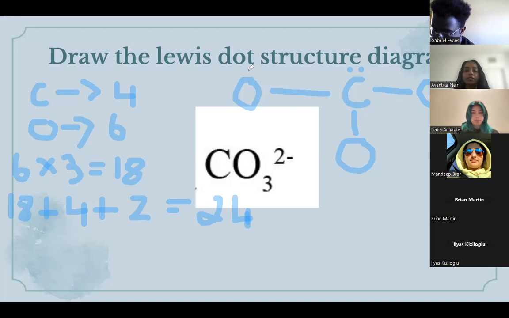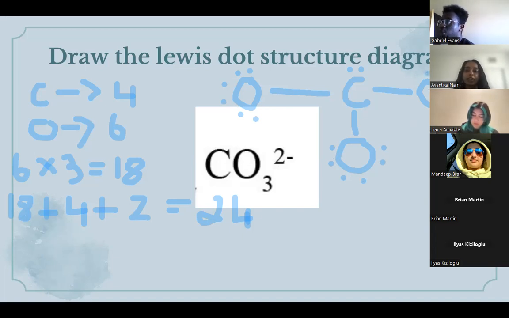If anyone is lost or has questions, feel free to ask, and I can clarify. So oxygen also needs 8, right, to be happy. So 2, 4, 6, 8. How do you know when you add another bond versus a lone pair?